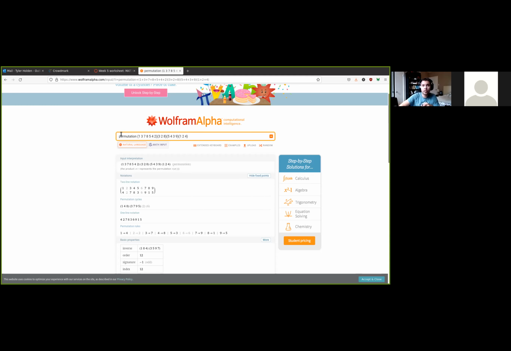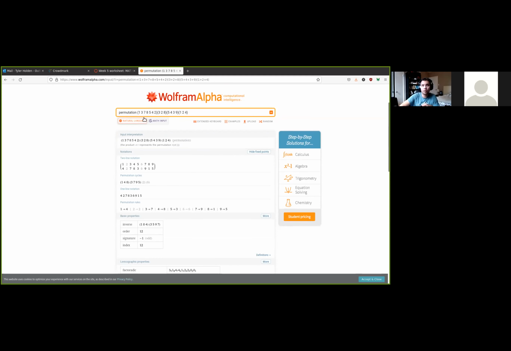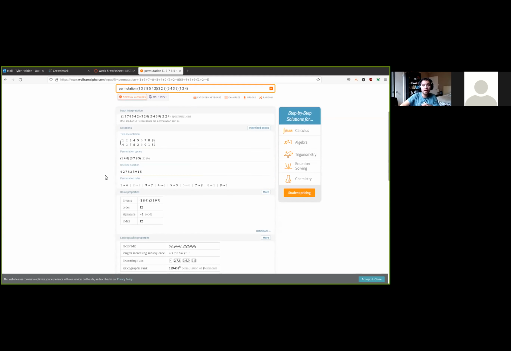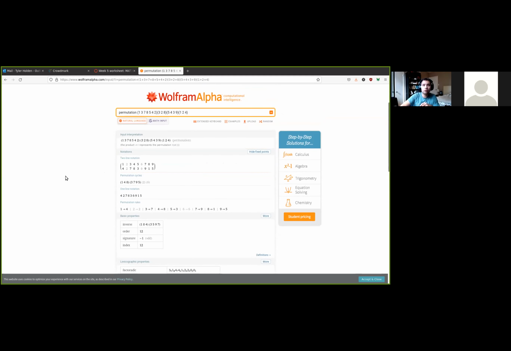If you put in your permutation in reverse, it gives you what the answer should be, 1483795, right there. You should be able to ask for the inverse of this and all that sort of stuff. That's pretty cool.